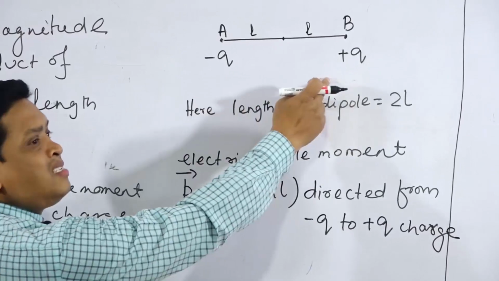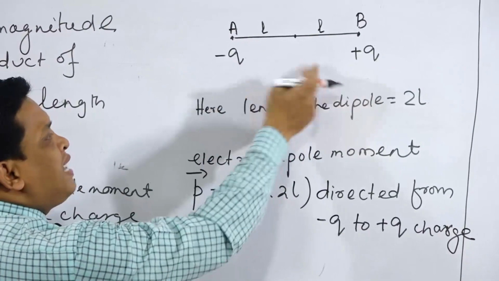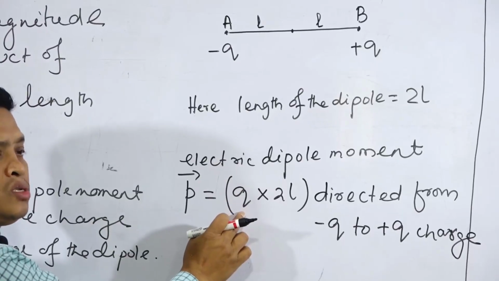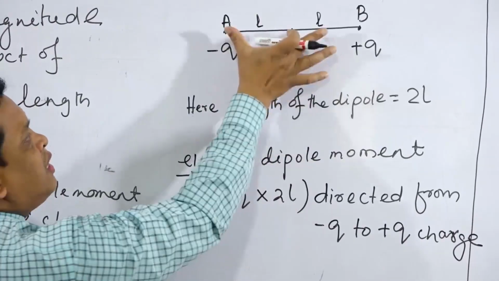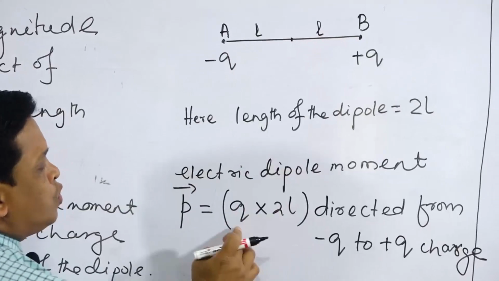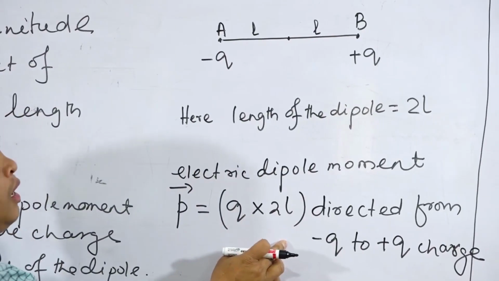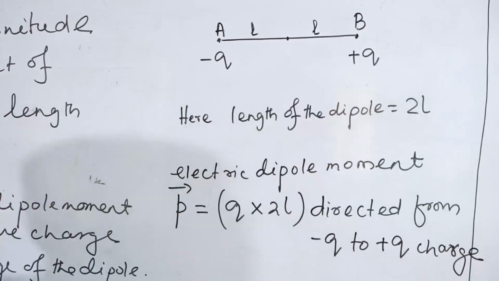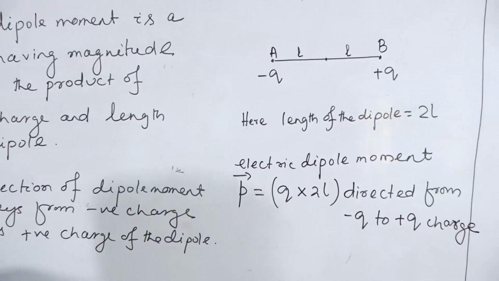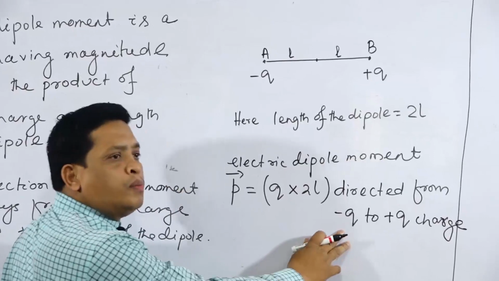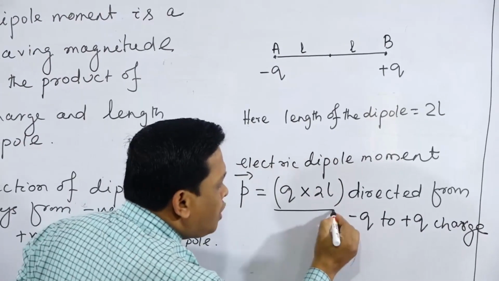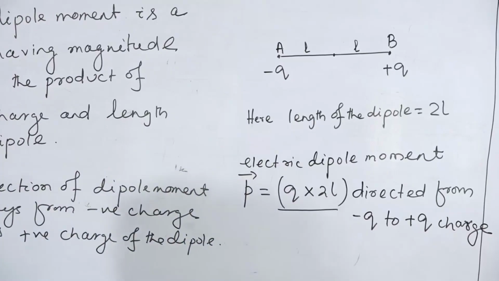Here there are two charges, each one has magnitude q. So either charge into length of the dipole, this is the length of the dipole 2L, so q into 2L. Its direction is always from negative charge to positive charge. Clear? So this is the electric dipole moment. It is a vector quantity having magnitude and direction.